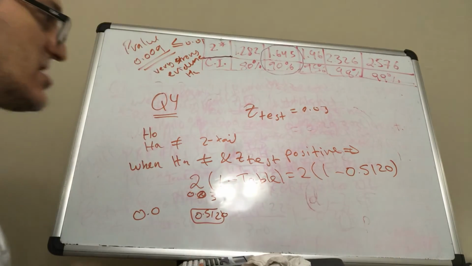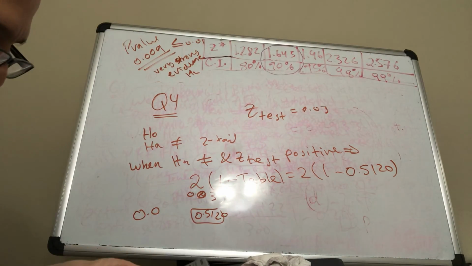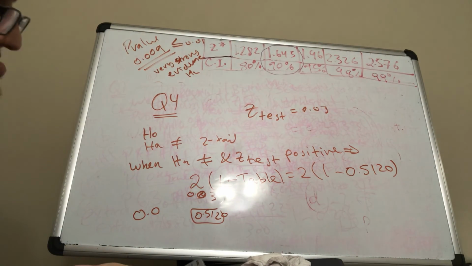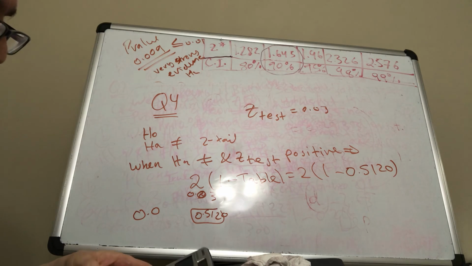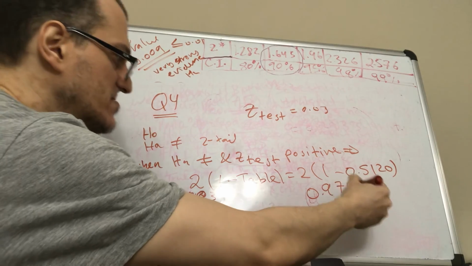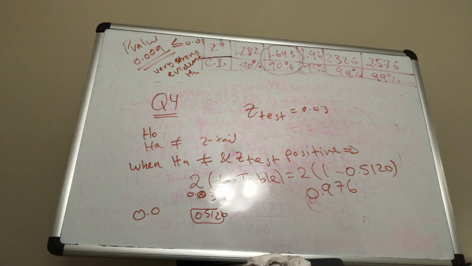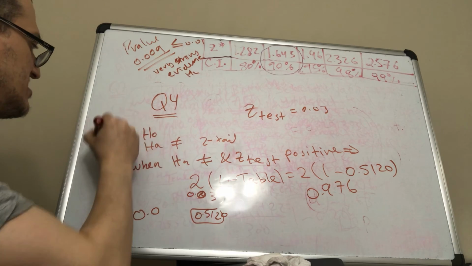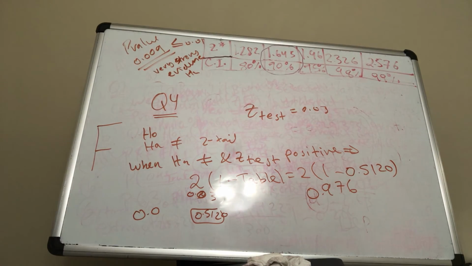So it's 2 times (1 minus 0.6179), and that will give you 0.764. So that's the answer for the question, which is number F. I don't know, they circled E. E has nothing to do with this. The answer is F, obviously.